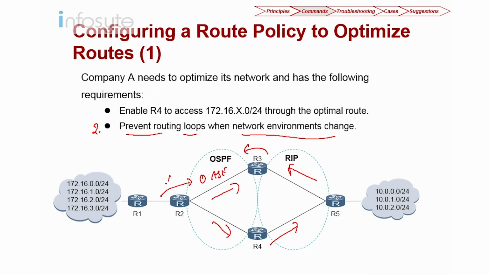Now, even though the network is no longer available, R3 and R4 are doing a mutual importing. So there will be a possibility of a temporary loop that happens. So let's look into how to solve this temporary loop.